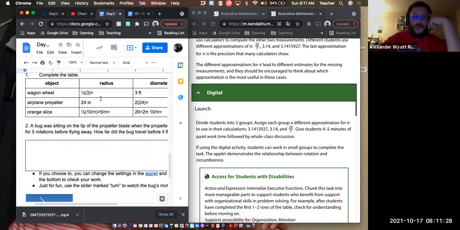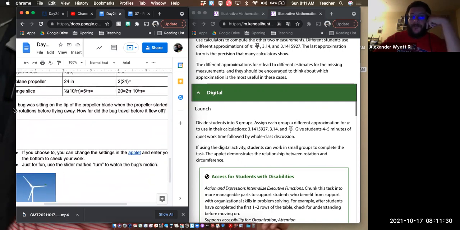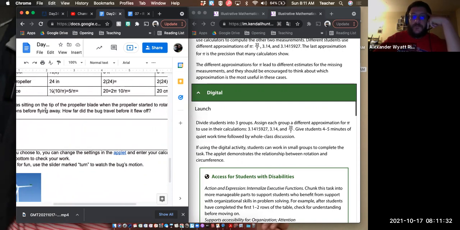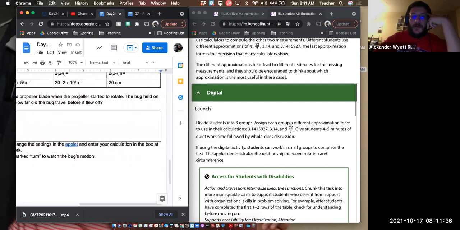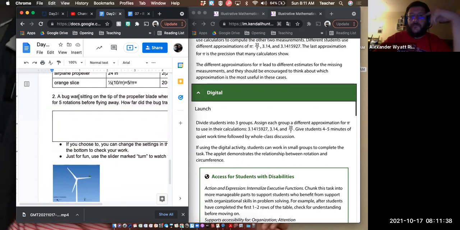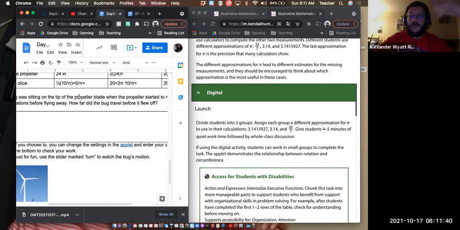Now, a bug sitting on the top of a propeller plane, and it goes around 5 times. How far did it travel before it flew off? So if it goes around once, twice, 3 times, a 4th time, and a 5th time, that means that it's traveled 5 times the circumference.